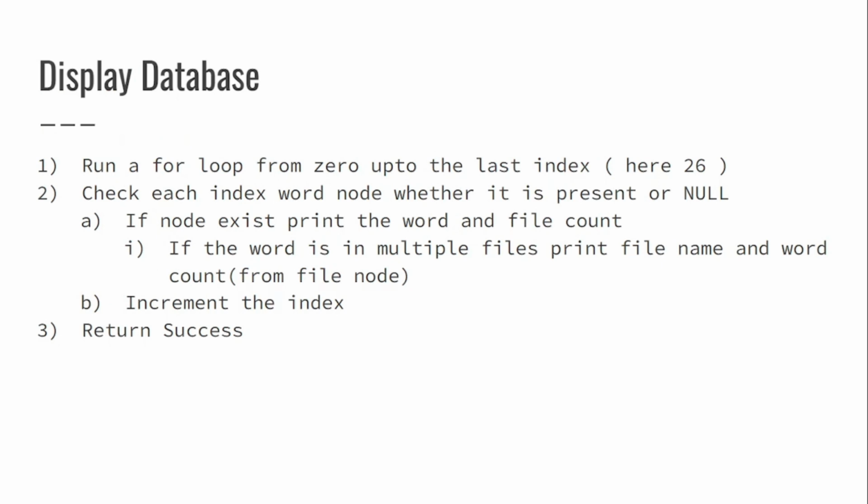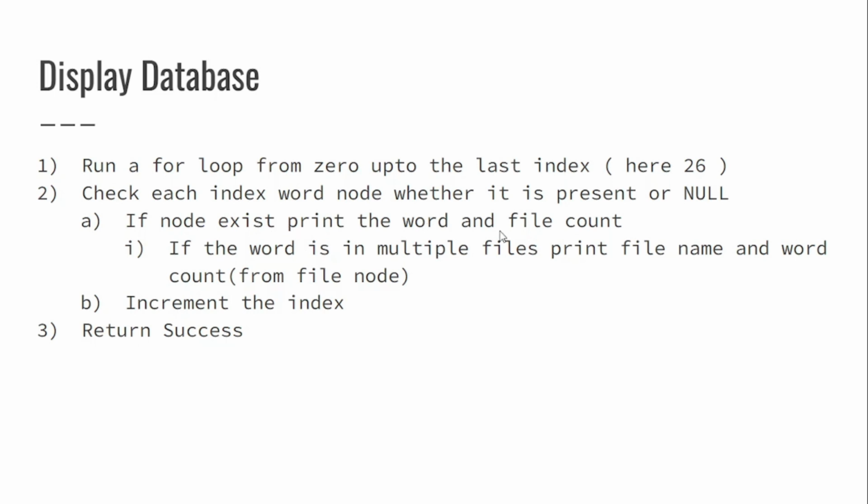Then comes the display database function. So display database is basically to just display the created database. So we will run a loop from 0 to the last index. Here it is 26, since 26 alphabets are present. So up to 26 we will run a loop. We will check each index of the hash table whether it is present or not.